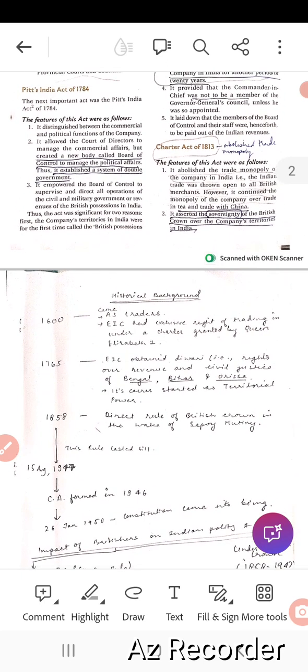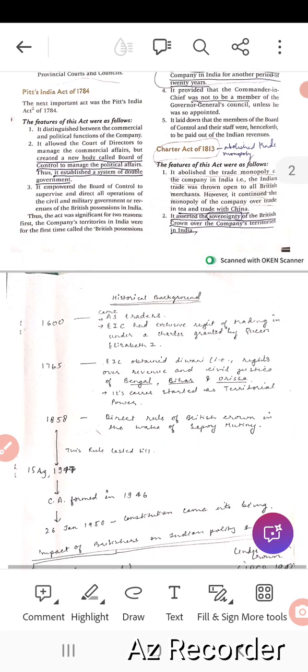So the monopoly of the East India Company was abolished in terms of trading in India. Now the monopoly of the East India Company continued over the trade in tea and the trade with China. So in these two sections the East India Company continued its monopoly.